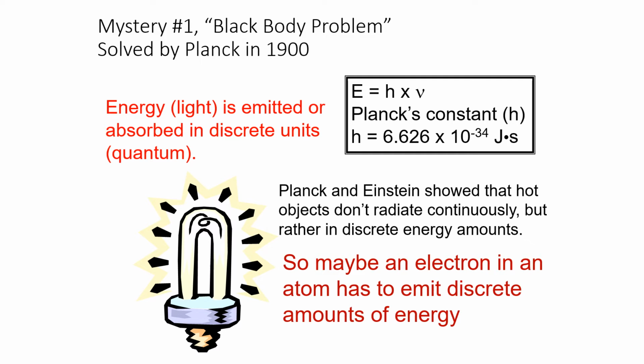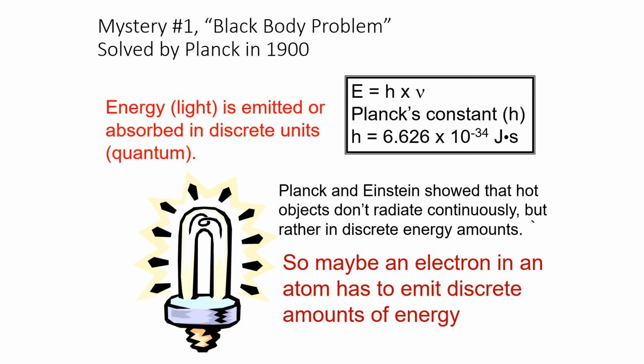And we also see he came up with an equation that allows us to calculate the energy of what we're going to call a photon, which was originally called a quantum or a packet of energy. We now call that a photon.